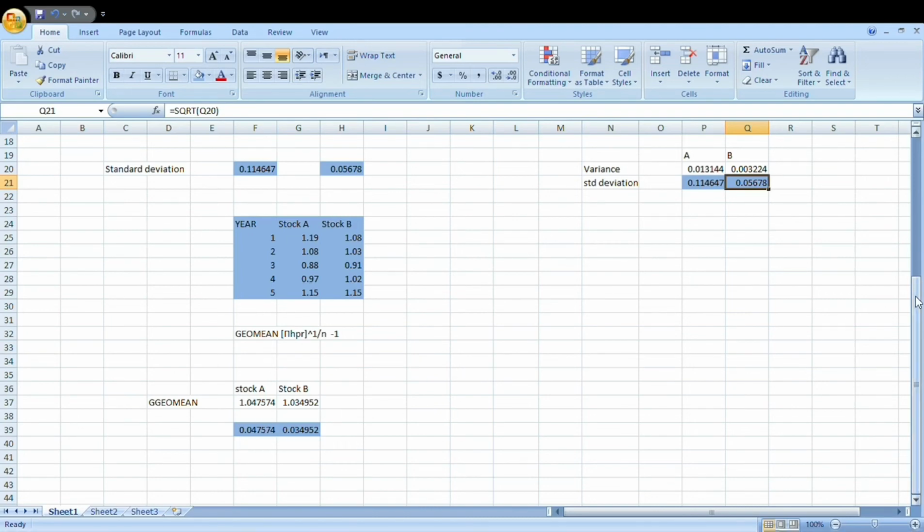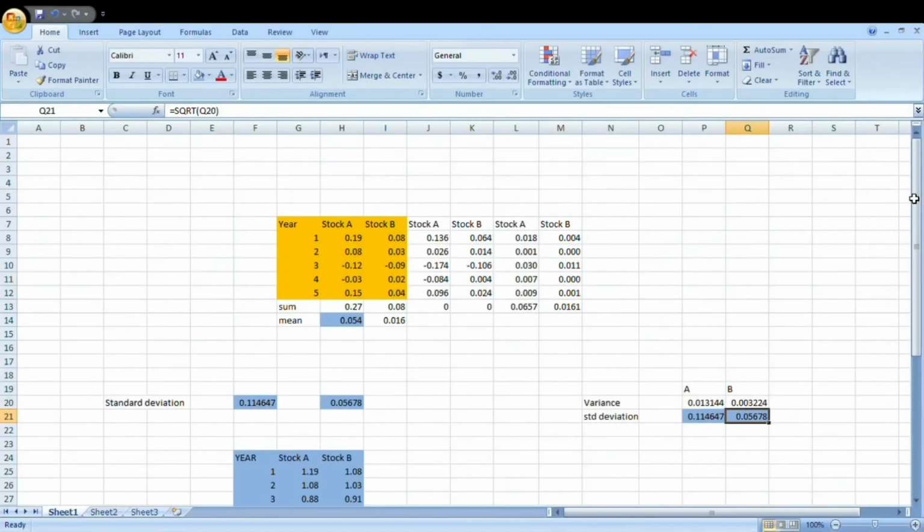Finally, I can tell you the difference between the geometric mean and the arithmetic mean. The geometric mean return is a compounded rate of return for the stocks, whereas the arithmetic mean is just a simple mathematical average. I hope you all understand this question.